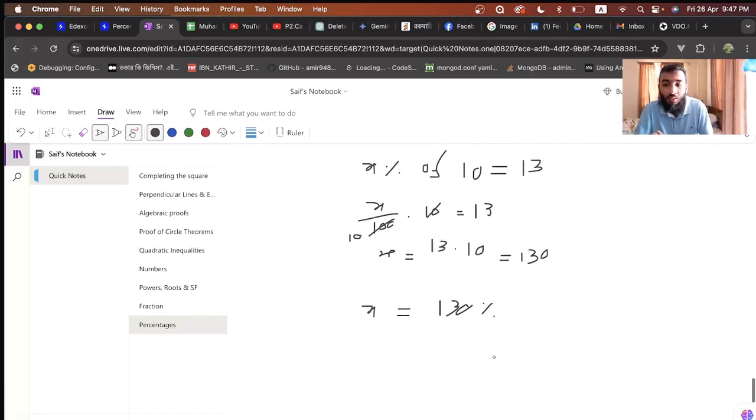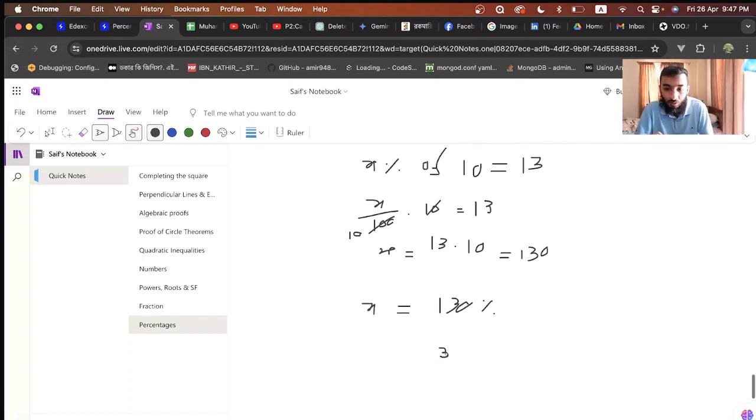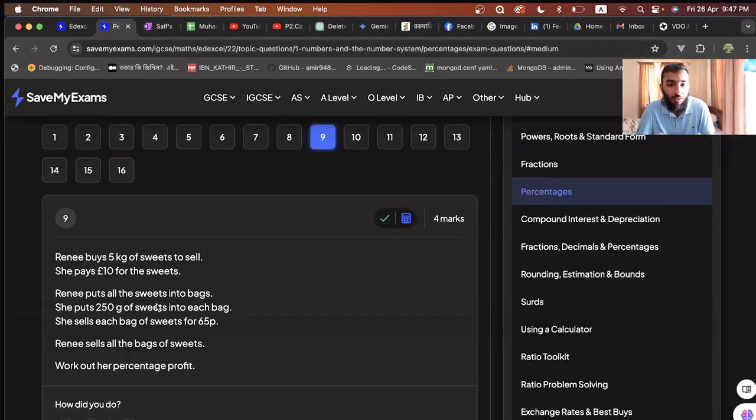If the revenue is 130%, then the profit is 30%, because you subtract the 100, then you get 30% profit. So this is the revenue, but this is the profit that Rene gets here.